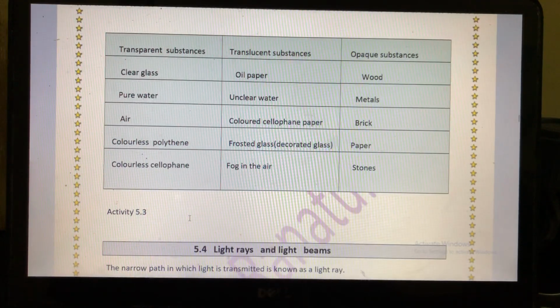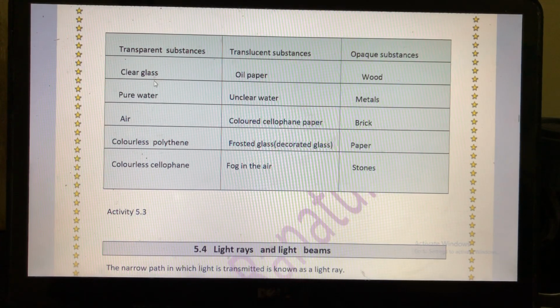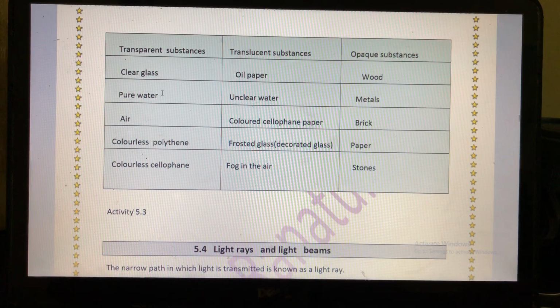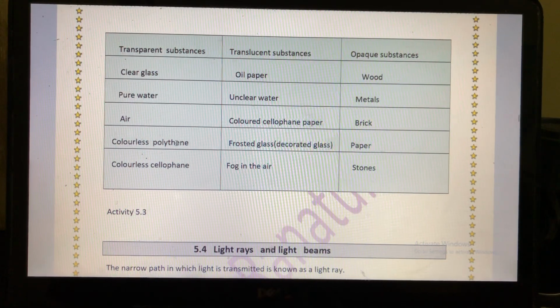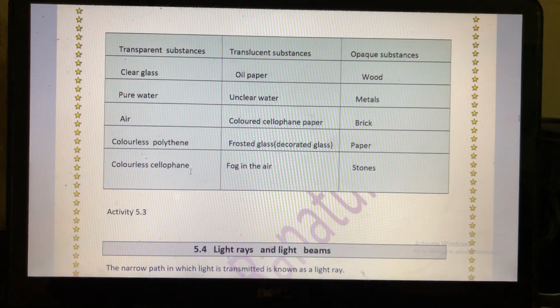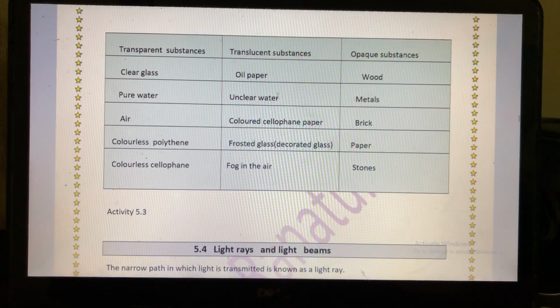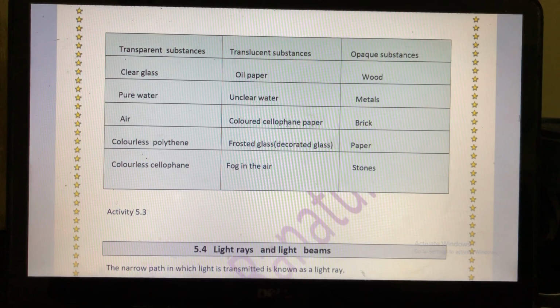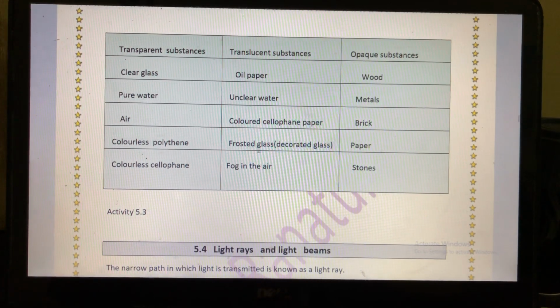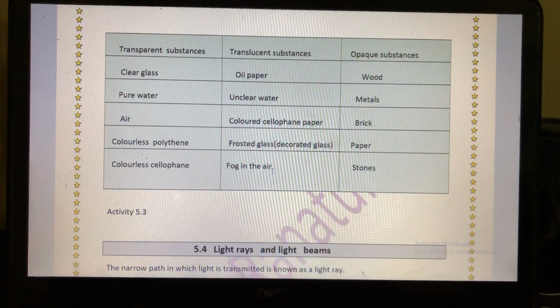I have given you some examples for transparent, translucent, opaque substances. Transparent: clear glass, pure water, air, colorless polythene, colorless cellophane. Translucent substances: oil paper, unclear water, colored cellophane paper, frosted glass or decorated glass, fog in the air.